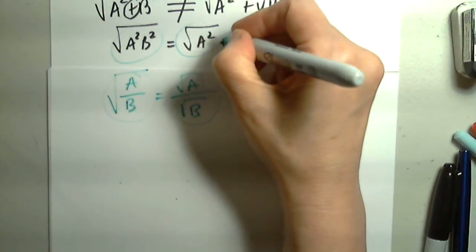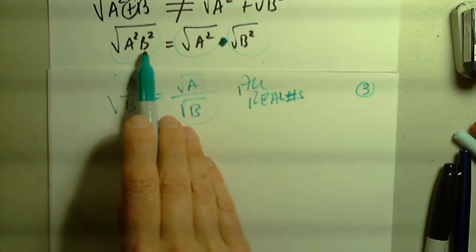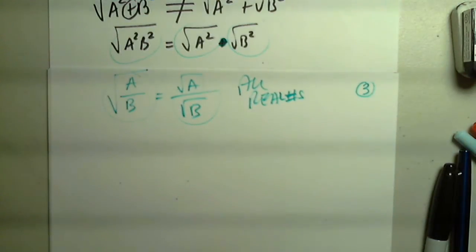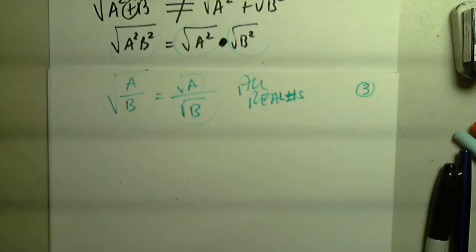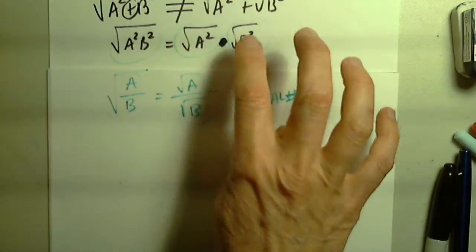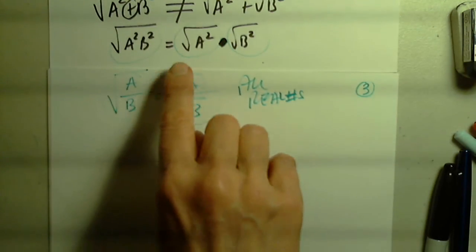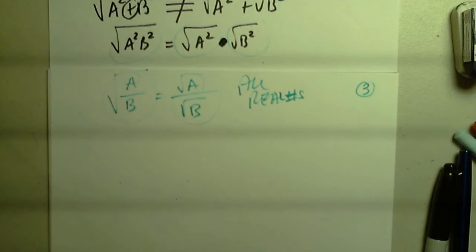The square root of a squared times b squared is the square root of a squared times the square root of b squared. Make sure that's very clear. Multiplied. That's why these two are okay, assuming that everything here is real. In other words, I don't have the square root of -1 or the square root of -4.